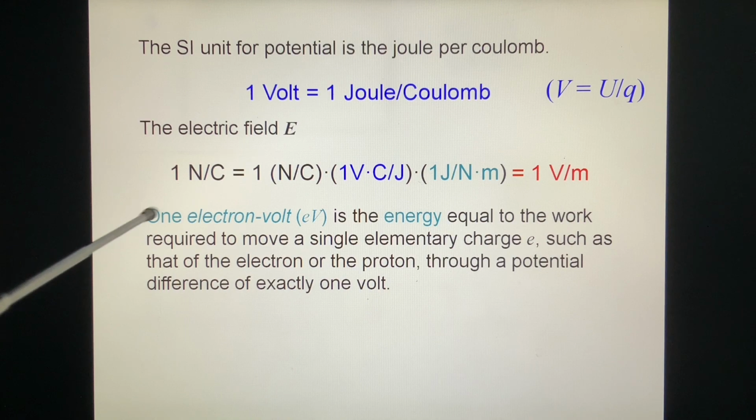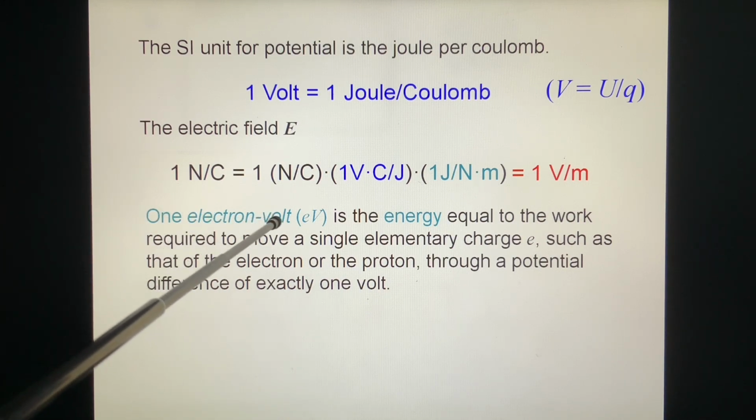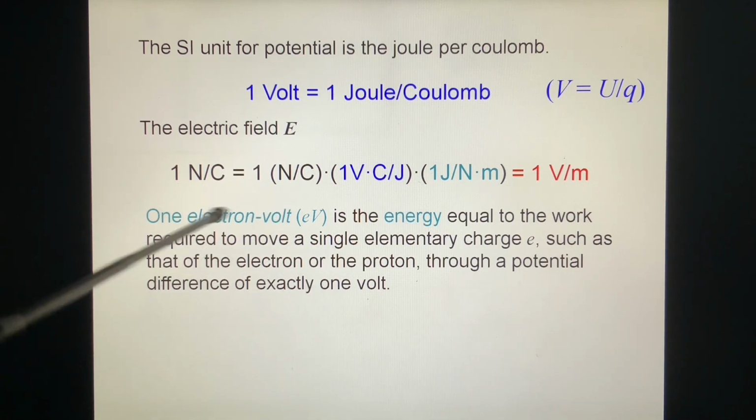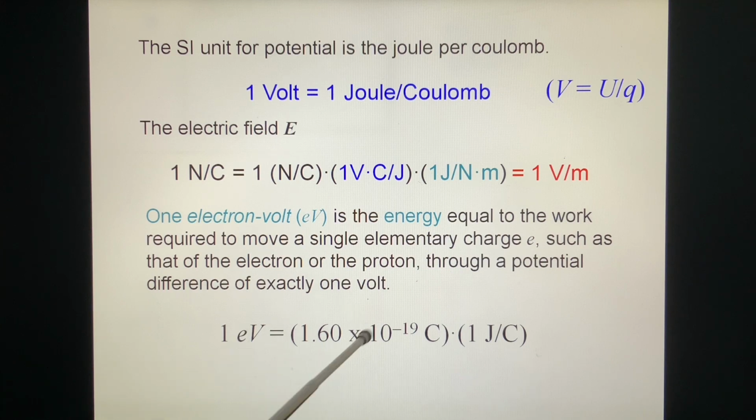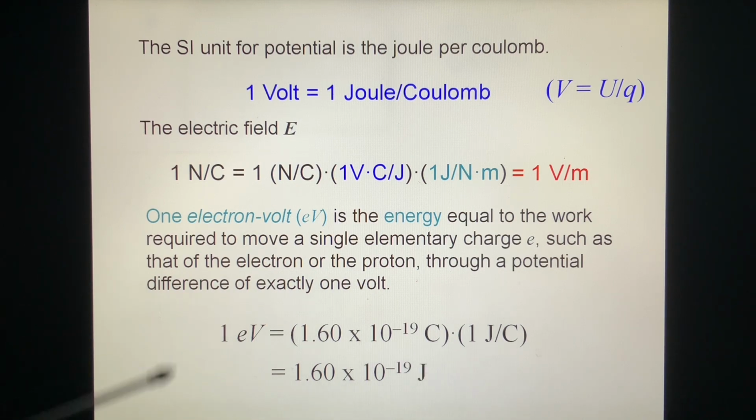An electron volt is an energy unit. It's not a volt; it's energy. An electron volt is equal to 1.60 times 10 to the minus 19 coulomb multiplied by 1 joule per coulomb, which gives 1.60 times 10 to the minus 19 joule. This is the relationship between them.